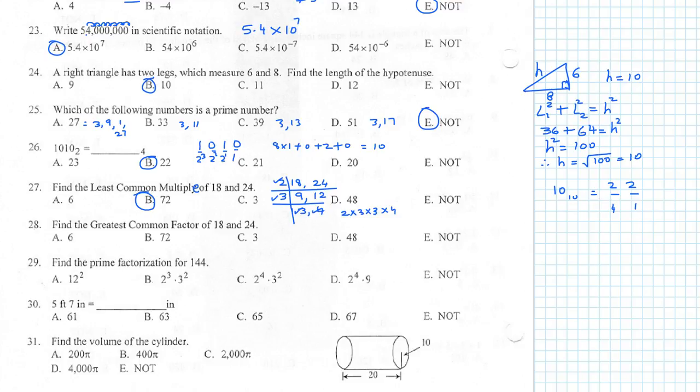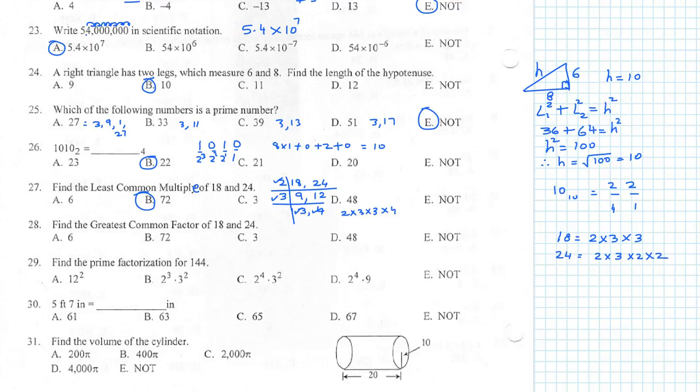Question 28. Find the greatest common factor of 18 and 24. So 18 is equal to 2 times 3 times 3, and 24 is equal to 2 times 3 times 2 times 2.